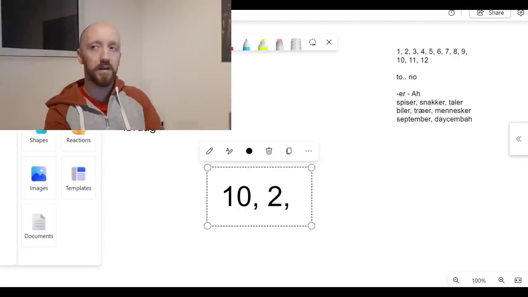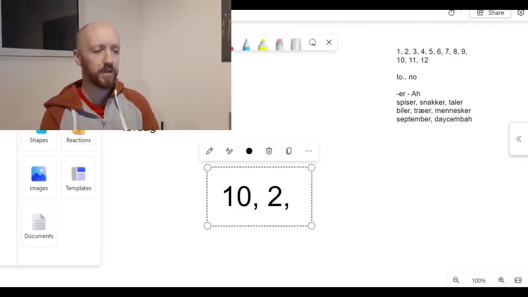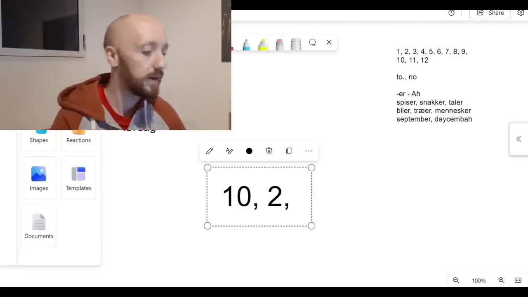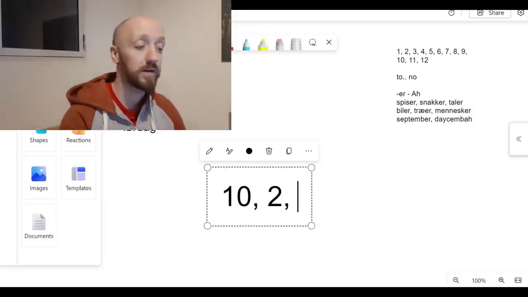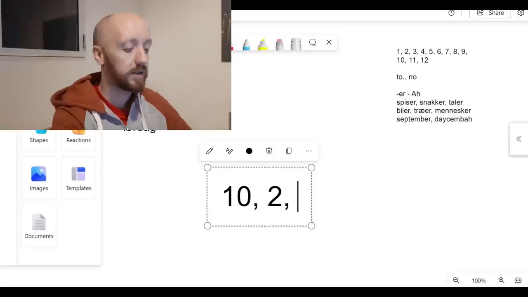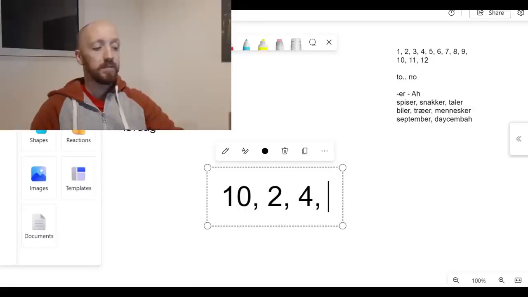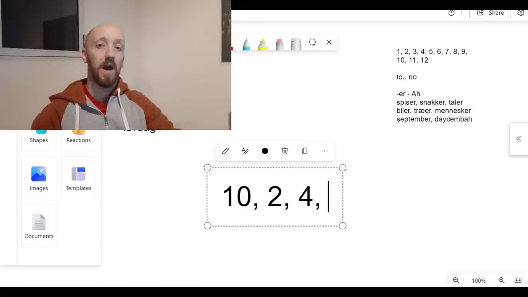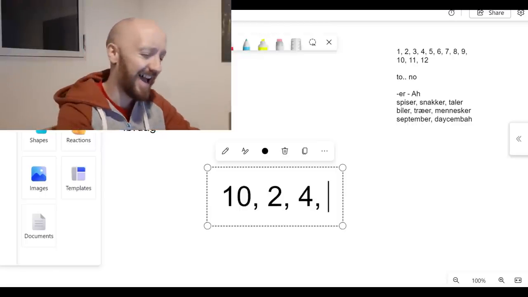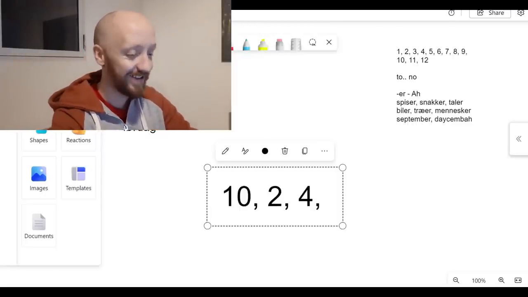I could also practice the, as they're called, ordinal numbers, so the 10th, tiende, then anden, the second. Let's say, den fjerde, the fourth. April.